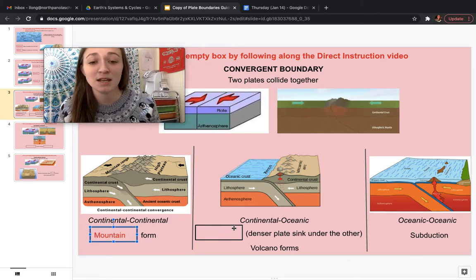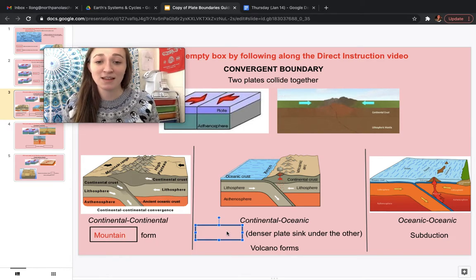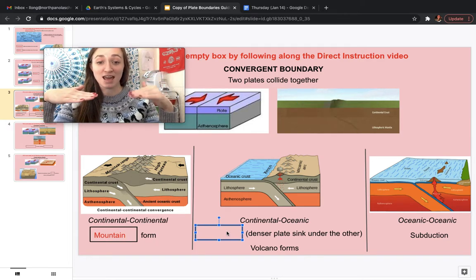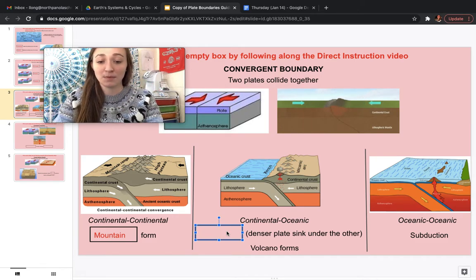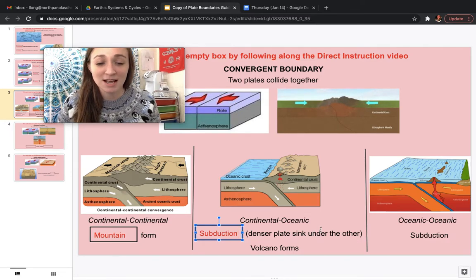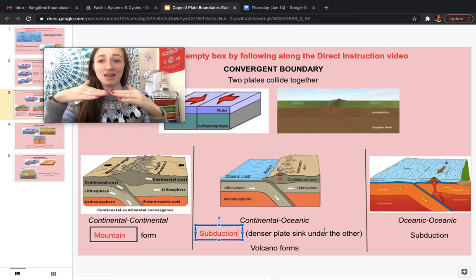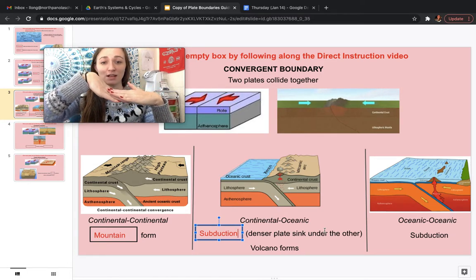Pretty neat. This is where it gets a little crazy. If you have a continental plate and an oceanic plate and they collide, something called subduction happens. What is subduction? When they collide, the denser or heavier plate is going to sink underneath the other one.